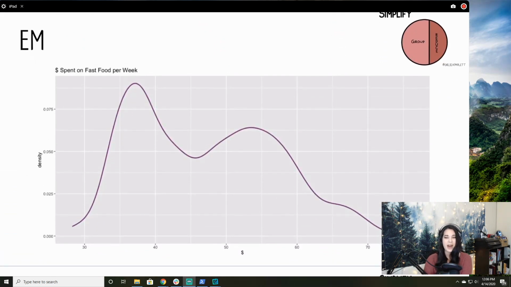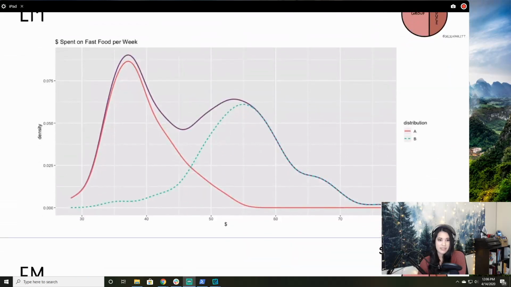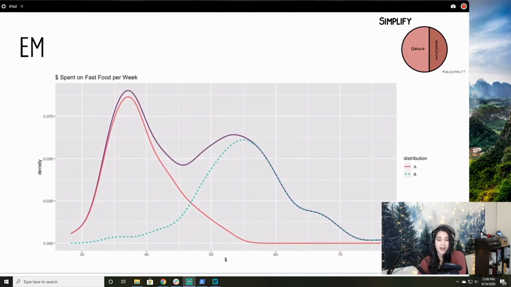Say you have some observed data that has this pattern. This in particular is the number of dollars spent on fast food per week. Say you see this pattern and you're wondering, what causes this pattern? Well, one explanation is that it's a result of having two separate groups that each have their own distribution. For instance, we have the pink group and the blue group.